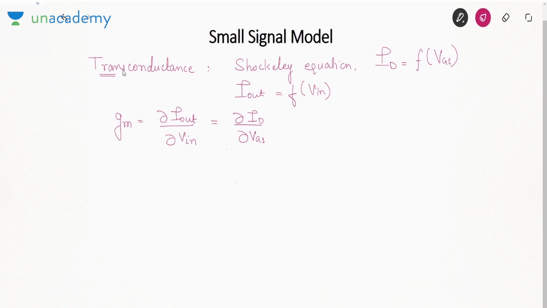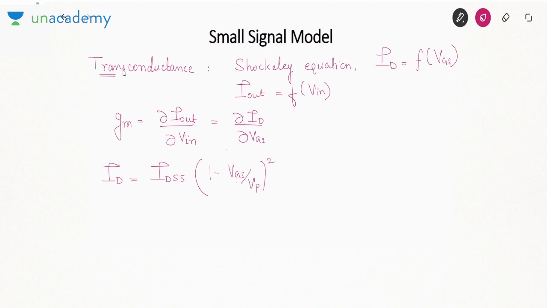Now we know that ID is given by means of Shockley equation, IDSS times (1 minus VGS by VP) squared. Also one more thing that I want to tell you here is, in BJT we studied 3 models of amplifier. The first one I told you about the T model, the second one the hybrid equivalent, and the third one was hybrid pi.